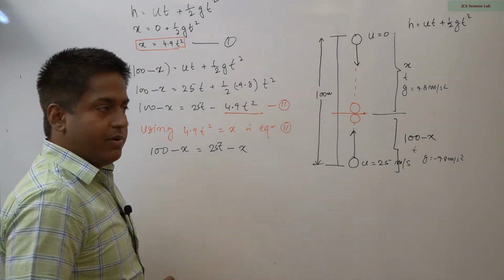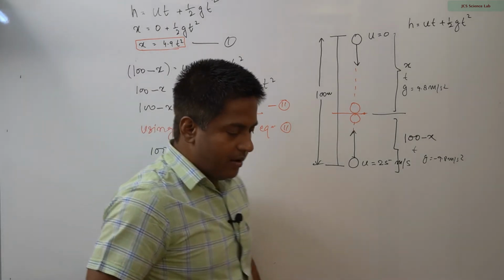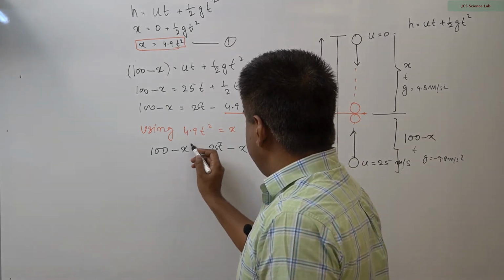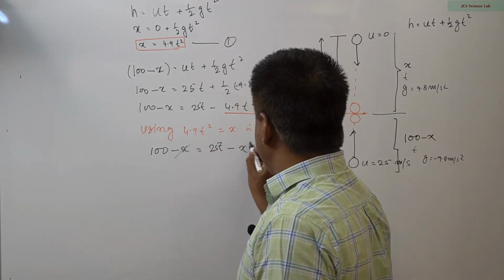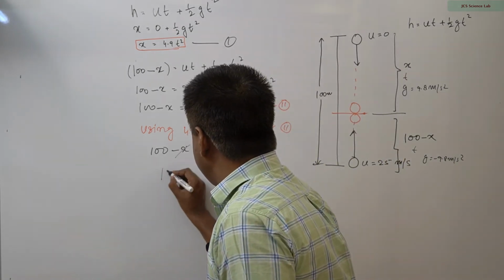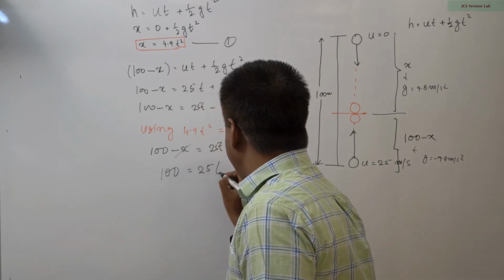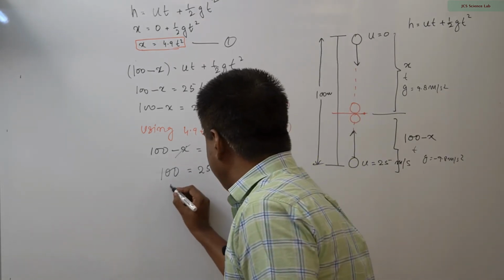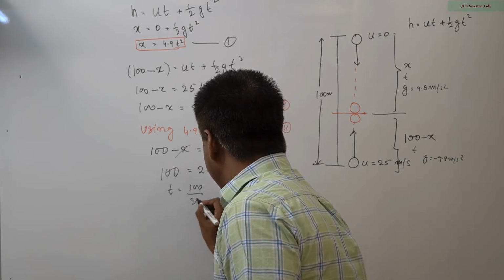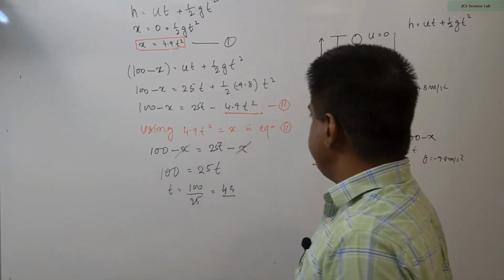Now the equation is simple here, and in this case this and this can be cancelled. So we have here 100 is equal to 25t, and so t is equal to 100 by 25, which is equal to 4 seconds.